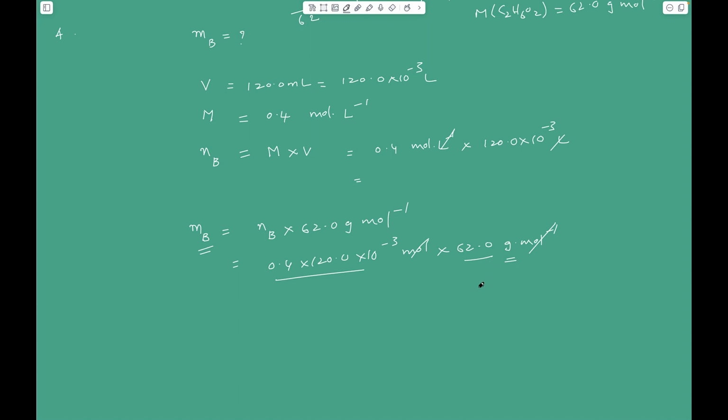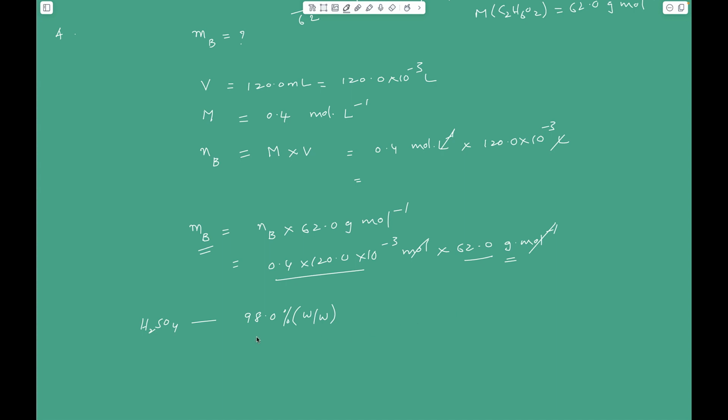Now let's move on. As we discussed before, acids are commercially sold as highly concentrated aqueous solutions. For instance, take sulfuric acid. It is sold as a 98% aqueous solution by mass or by weight.